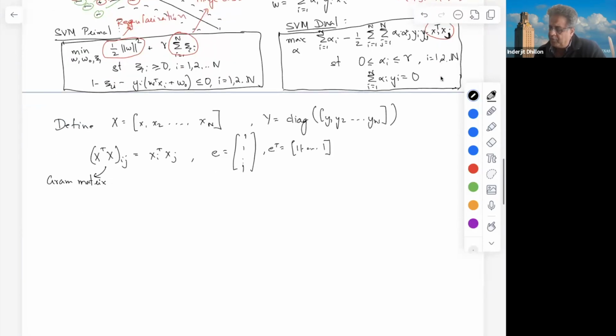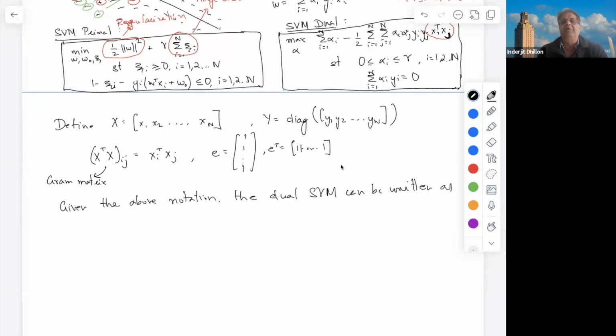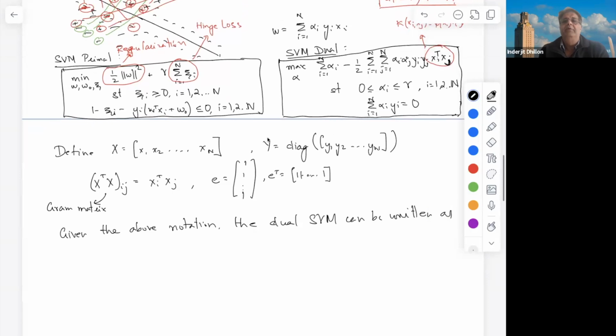Given the above notation, the dual SVM can be written in a very compact way. First, of course, there's a maximization problem over alpha.